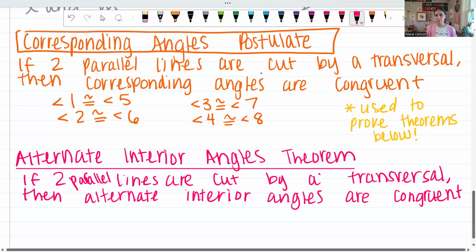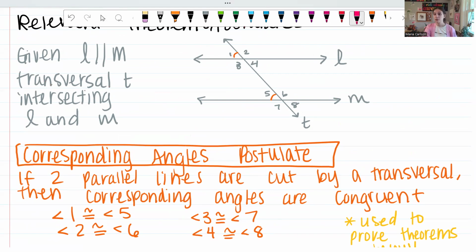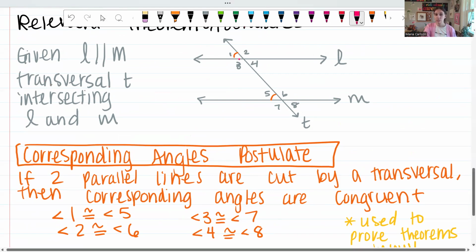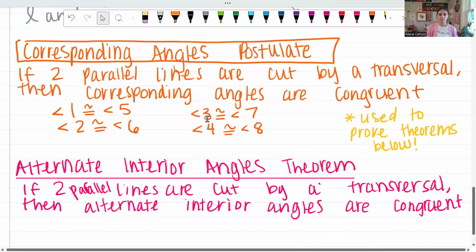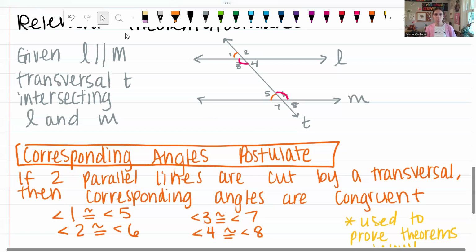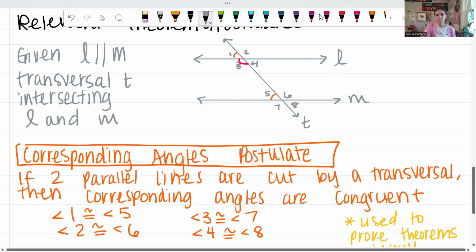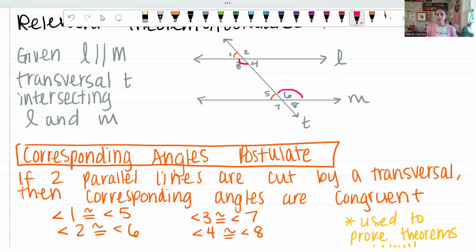So looking at our diagram up above, these two lines are parallel. We have this intersecting line, so I can now conclude that my alternate interior angles, 3 and 6 are congruent. And also, and this shouldn't have been drawn so poorly, angles 4 and 5, the other pair.